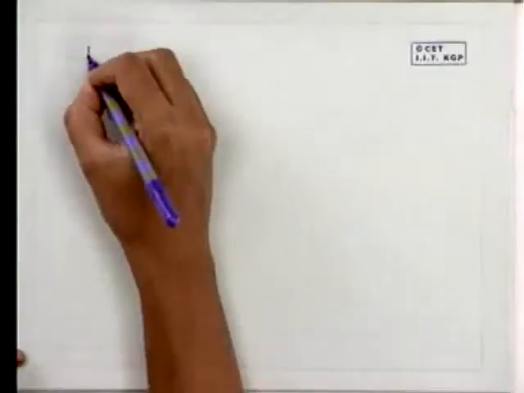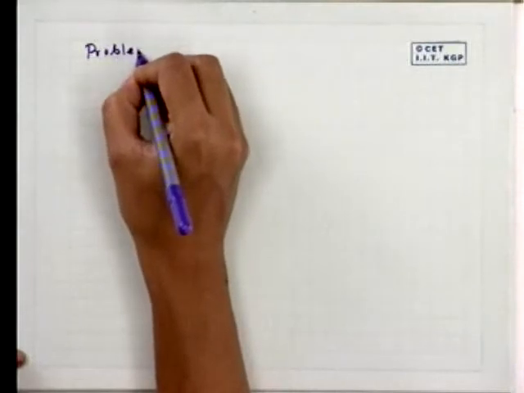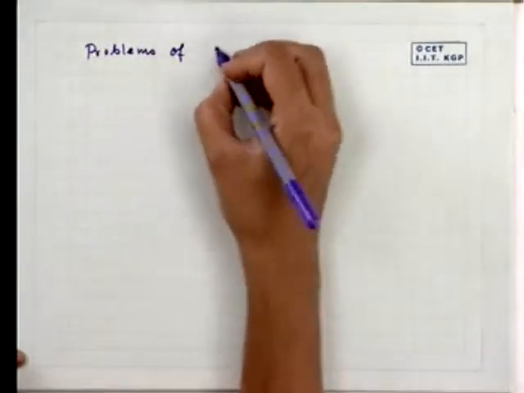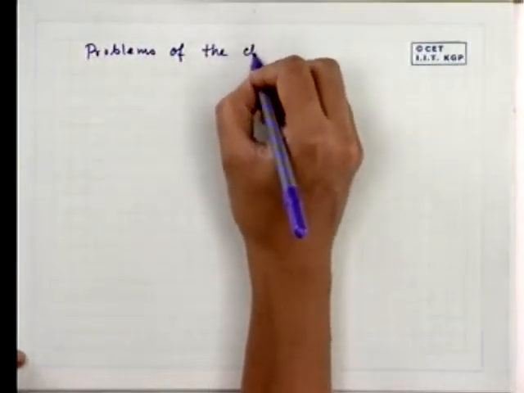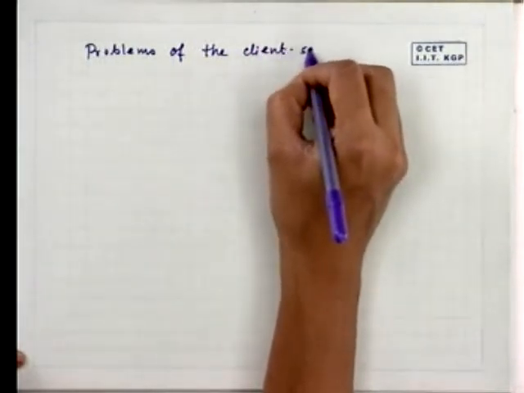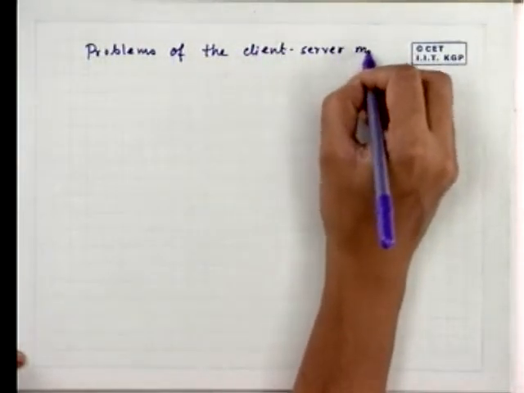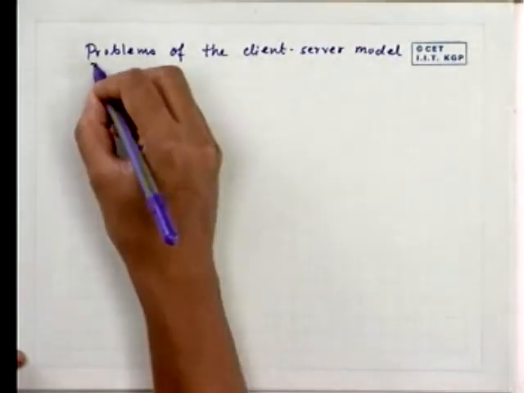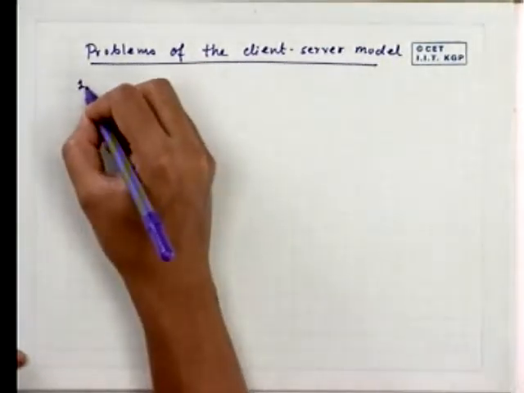However, there are some major problems with the client-server model, and we must be aware of those problems. Firstly, a server is very critical to the client-server model, and a server failure may affect the service.